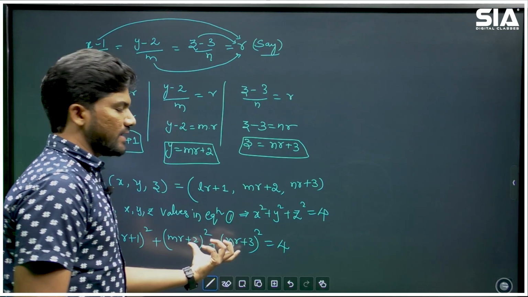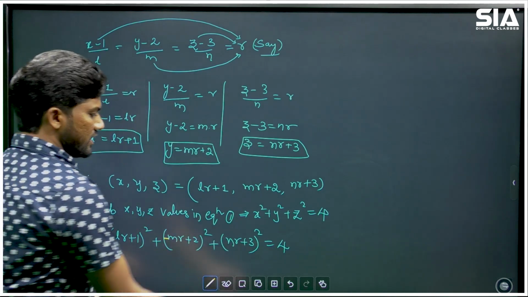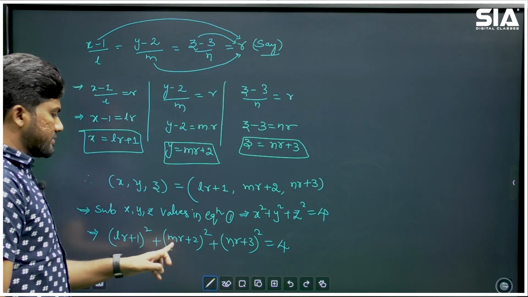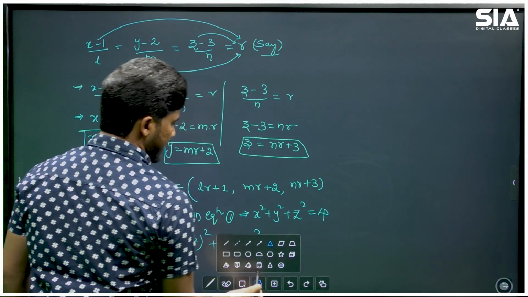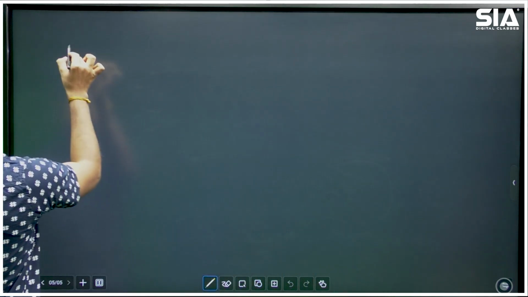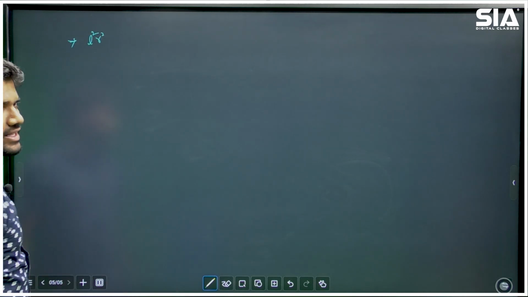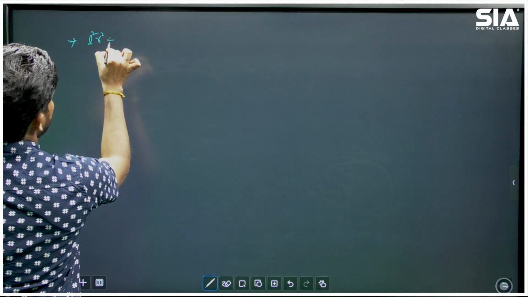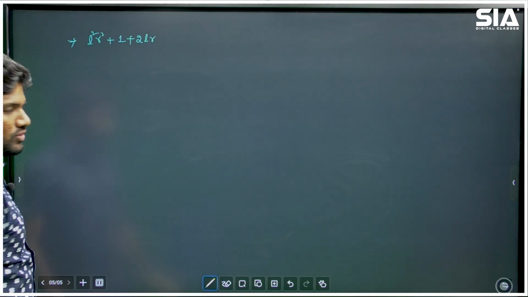Now expand this with respect to the (a plus b) whole square formula. Here you have (a plus b) whole square three times, so I am expanding with that formula. (LR plus 1) whole square is L square R square, that is (LR) whole square, plus 1 plus 2 into LR into 1.